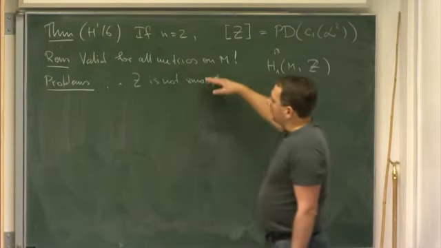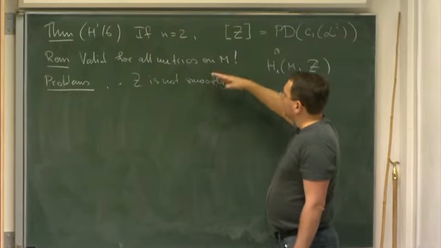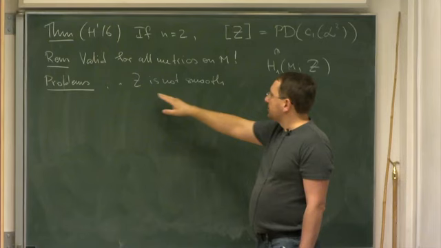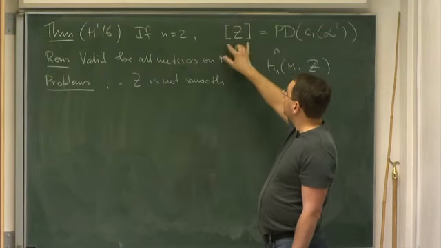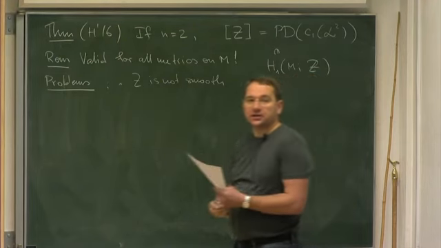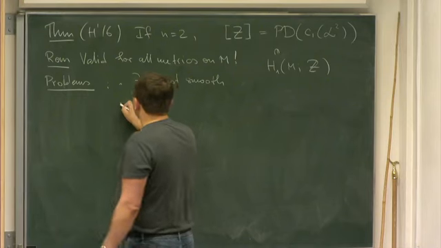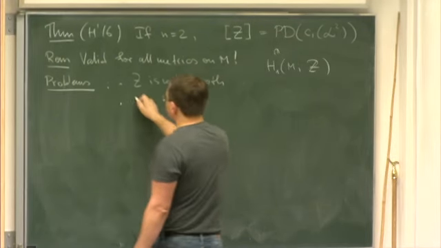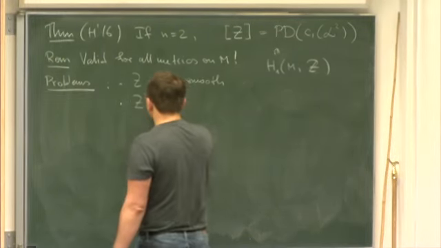Now, if you have an arbitrary metric on M, what can happen is that Z is not smooth, so you shouldn't understand this homology class as a homology class of a subset or submanifold. And then even if Z is smooth, Z doesn't need to be oriented.